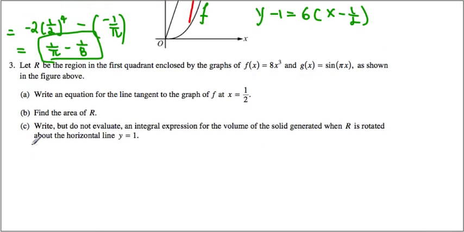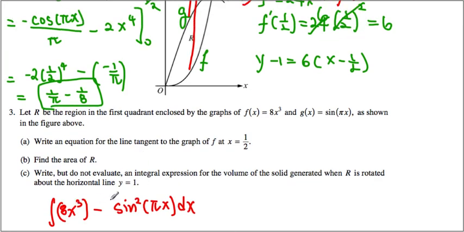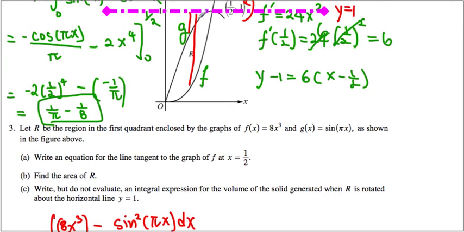So here we have the integration of the outer radius, which is 8x cubed squared, minus the inner radius, which will be sine squared of pi x, dx. But if we do it this way, we're not actually considering this gap.